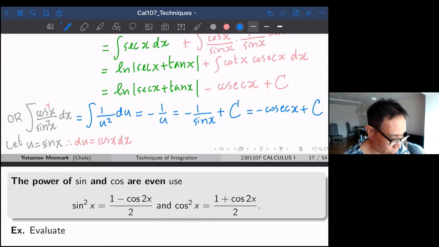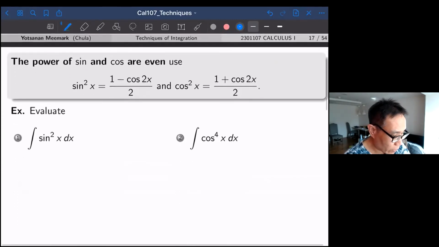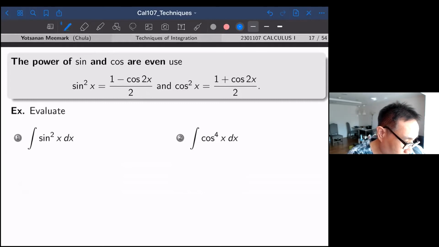We use these in order to integrate. For example, you'd like to integrate sine square x dx. In this case, you change it into 1 minus cos 2x over 2.